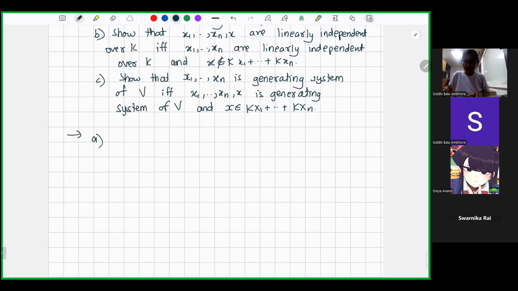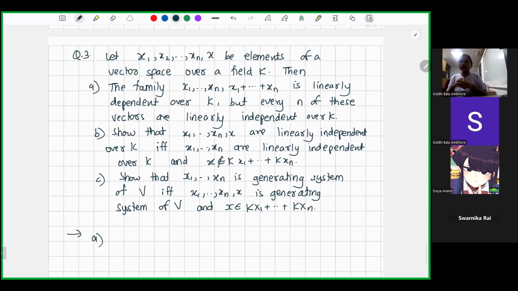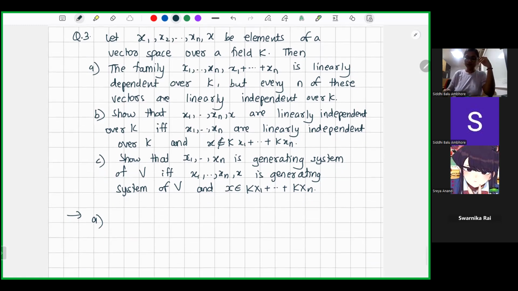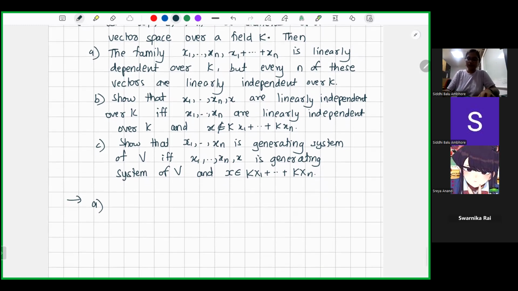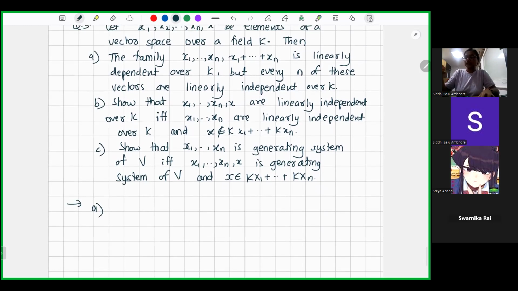So let us start with the first one. This question is completely related to the linear dependence and linear independence of vectors and their span. They started with some n plus 1 elements from the vector space, and they are saying that the vector space is over field K. So the first question is a family x1 up to xn, and then they added one more.